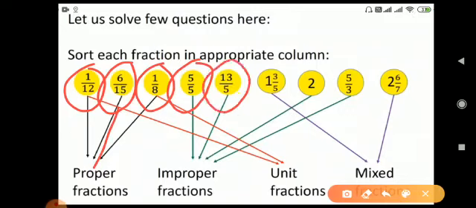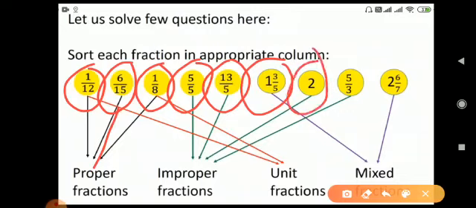Next, 13 upon 5, here 13 is greater than 5. It is called an improper fraction. Next, 1 3 upon 5. Here you can see one whole number and one fraction, that is the combination of a whole and a fraction number. So it is called a mixed fraction.